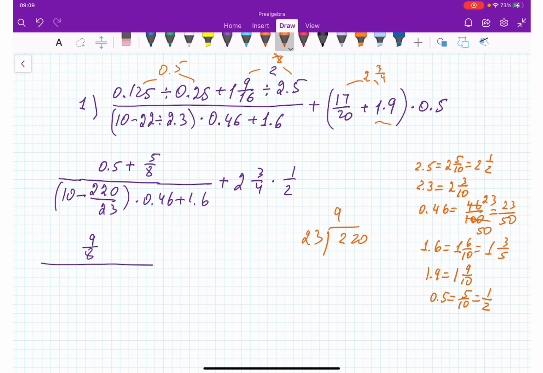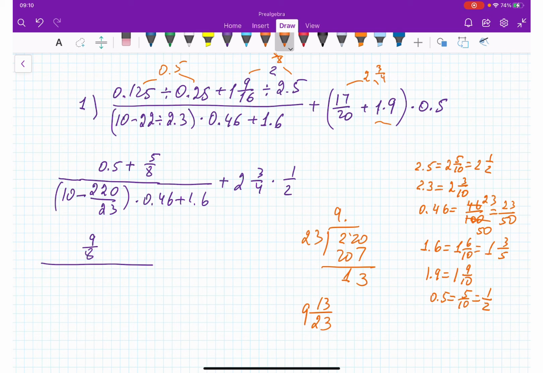It was 9 times, right? 9 times 23 is 207, and 220 minus 207 leaves 13. So this is whole number 9. So its answer is going to be 9 and 13 over 23, right?